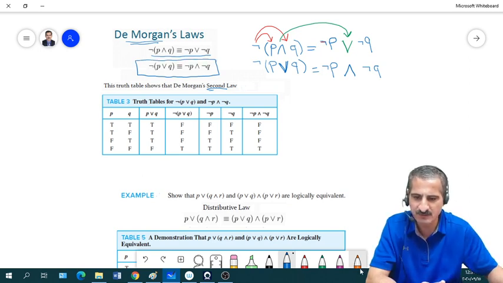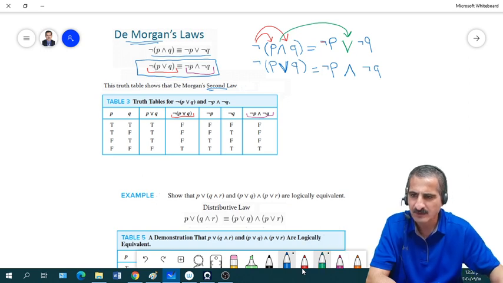Now, to be able to do so, we first need to compute the truth values of this, which is given here, and then compute the truth values of this, which is given in purple. So let's go and do them.